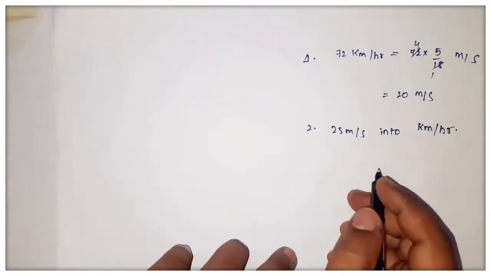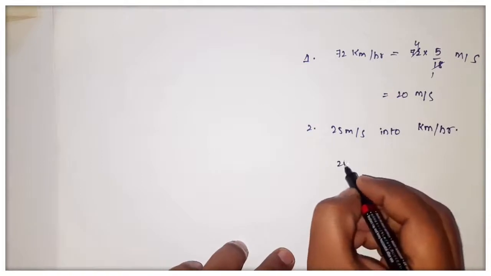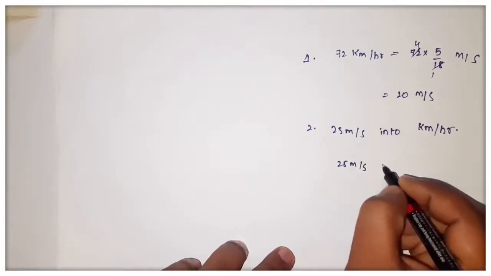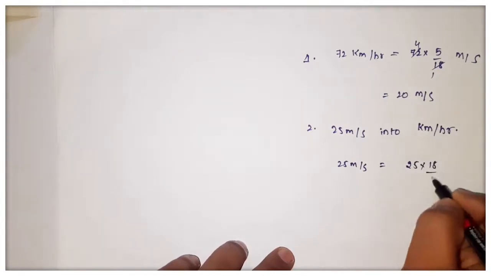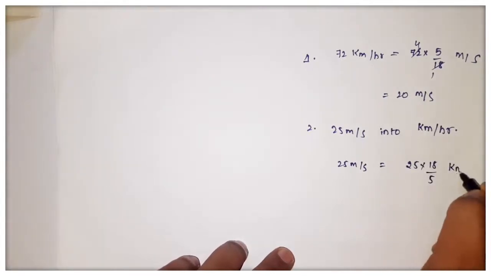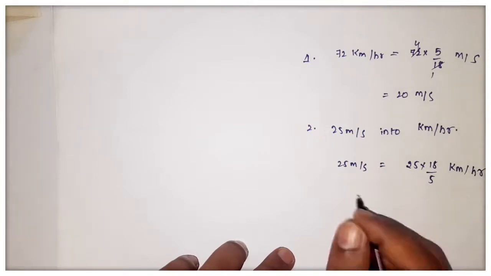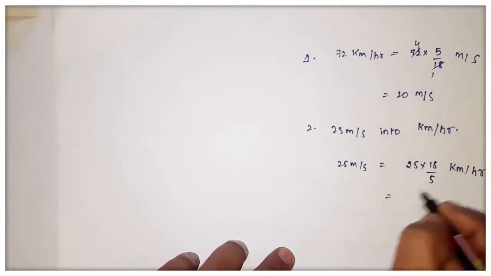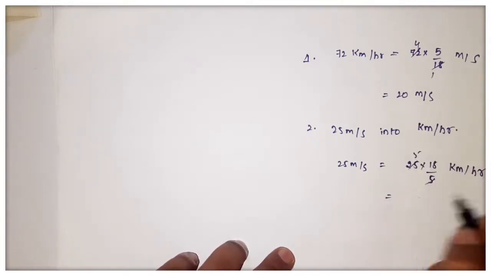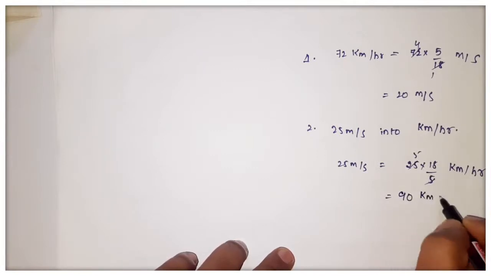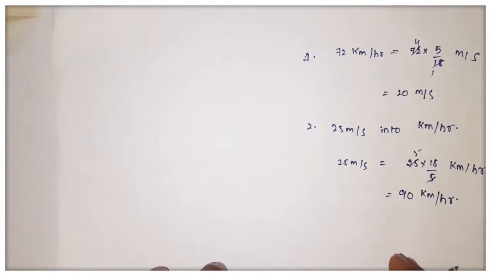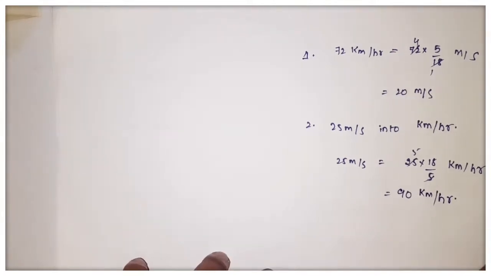When we convert that, 25 meter per second is equal to 25 into 18 by 5 kilometer per hour, which is equal to 90 kilometer per hour. That is the second example.